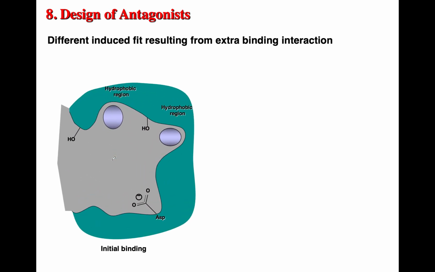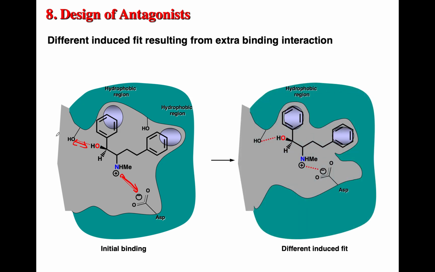Now, when you introduce an antagonist, you're still dealing with the same binding pocket, but the antagonist can come in and take advantage of additional binding regions inside of that binding pocket. Now, the induced fit here will mainly be to maximize the ionic interaction here and the H bonding interaction here, and it's going to lead to an induced fit that's different than what you would have seen with the endogenous neurotransmitter.